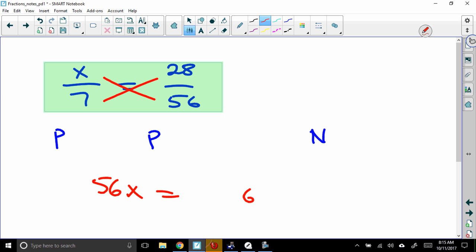And I got to carry my 5, so it's 196. So X would equal whatever 196 divided by 56 is. It's 14 fourths. That's 7 halves, I think.